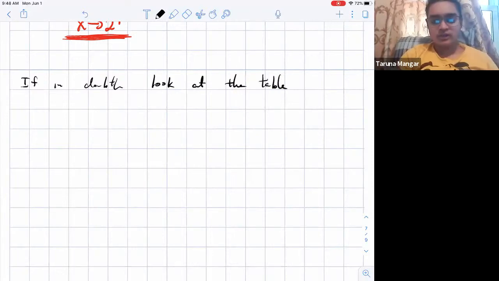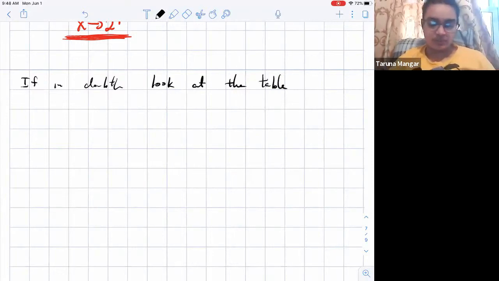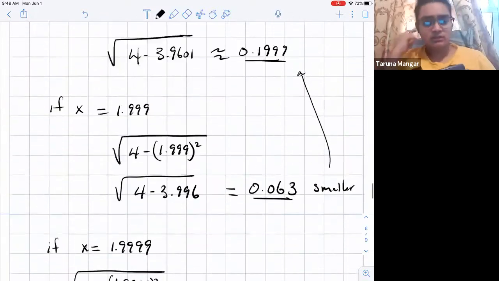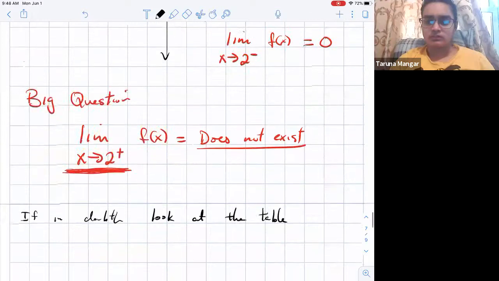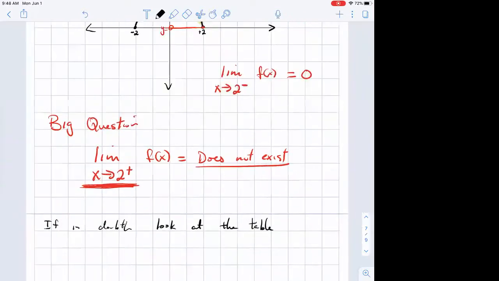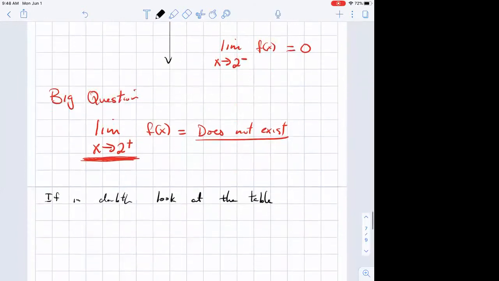Professor, is there any way to determine the limit as it approaches 2 on the right side without the graph? Yes, exactly what I did here, you can do it algebraically as well. If you had a question here and you don't see it on the graph, try f of 2.001, then f of 2.01, and then f of 2.1.